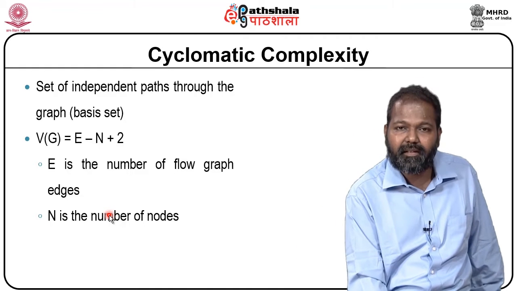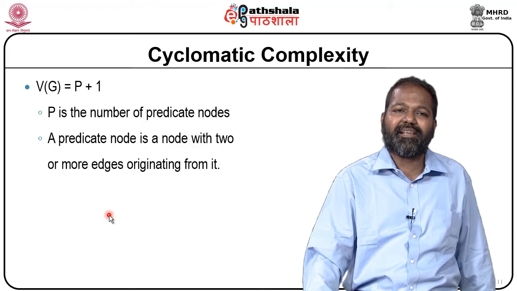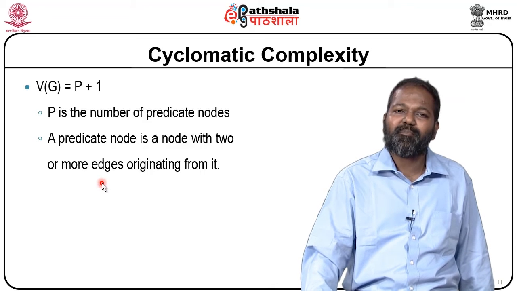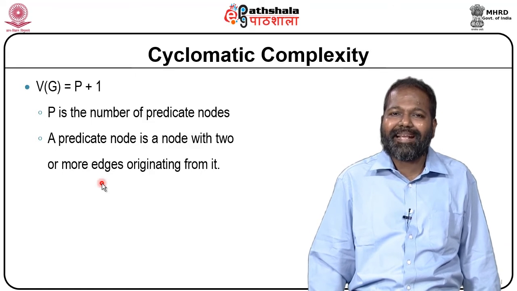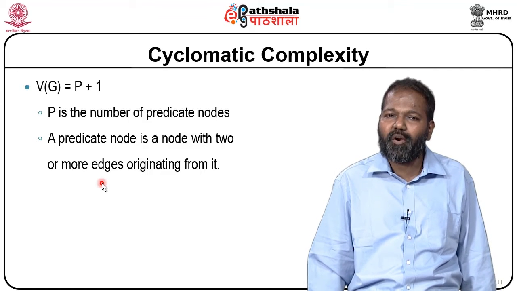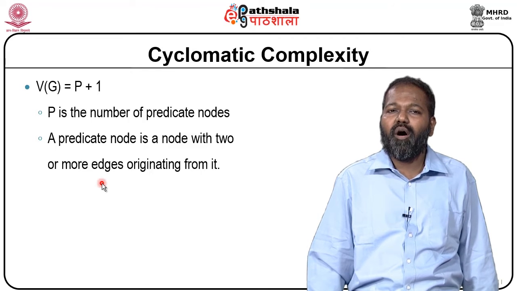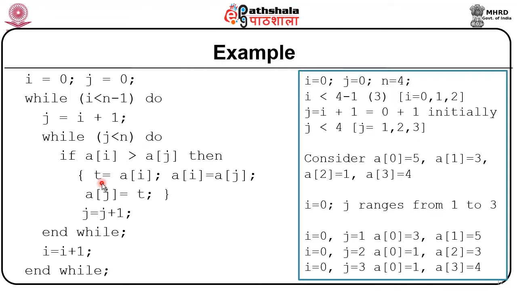The second model is V of g equal to p plus 1, where p is the number of predicate nodes. What is a predicate node? A predicate node is a node with two or more edges originating from it. Now, let us look into an example of how cyclomatic complexity can be computed.